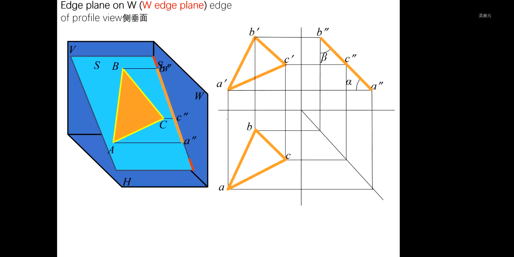Here we can find all the projection points. You find the lines and then connect them together, so you get the shape of plane ABC to represent plane S. You get the plane S. If you extend the line here, you get SW, sorry, SW, the tracing line, just like here.